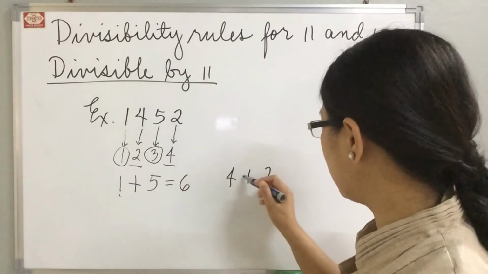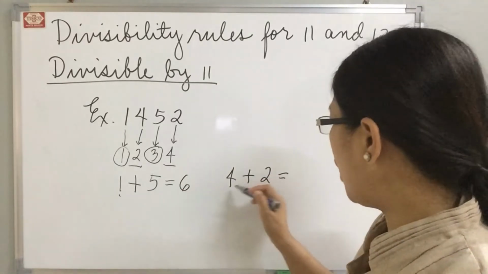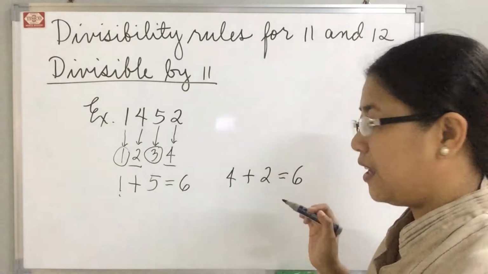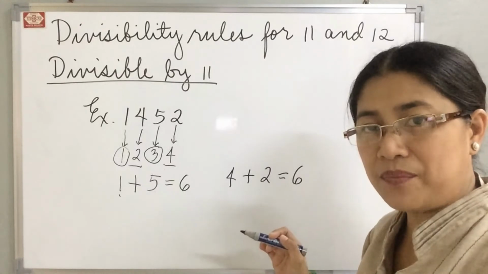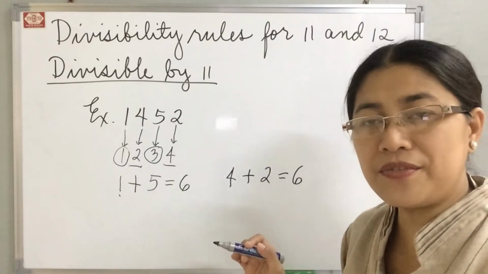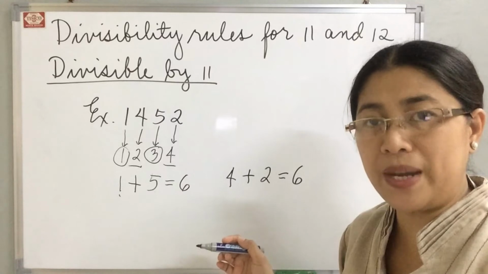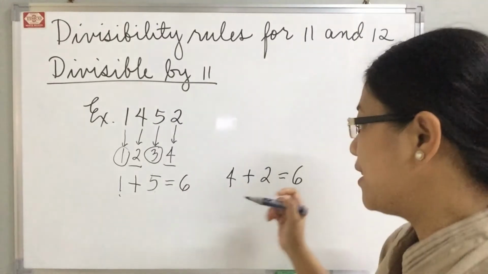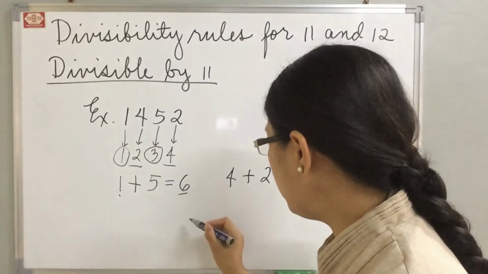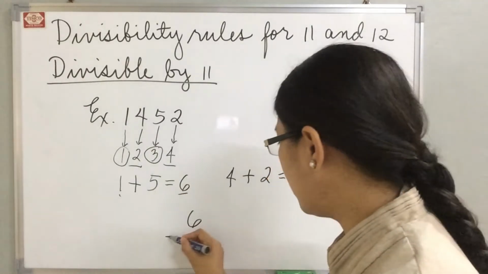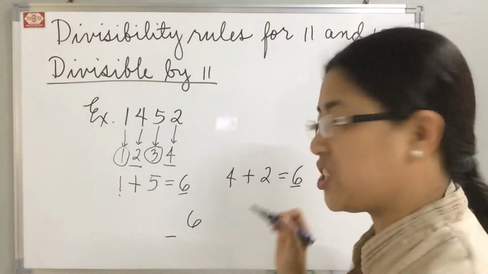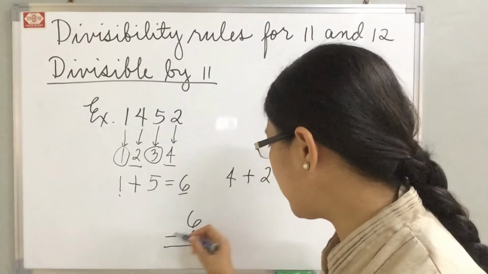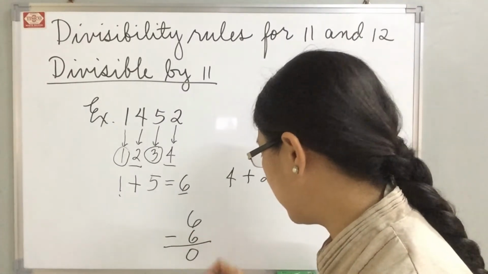Let's get the sum also. 4 plus 2 is equal to 6. And the last step for us to identify if a certain number is divisible by 11, let's get the difference. The first sum, 6, minus the second sum, which is 6 also. So, 6 minus 6 is 0.